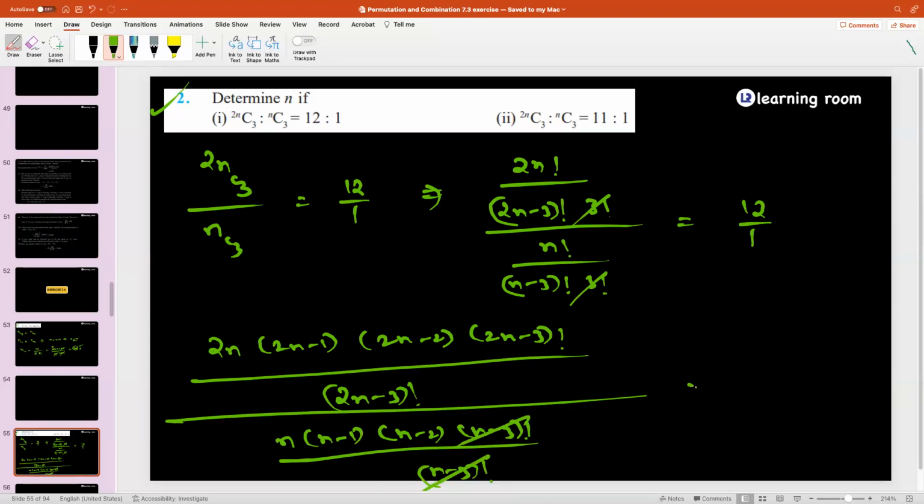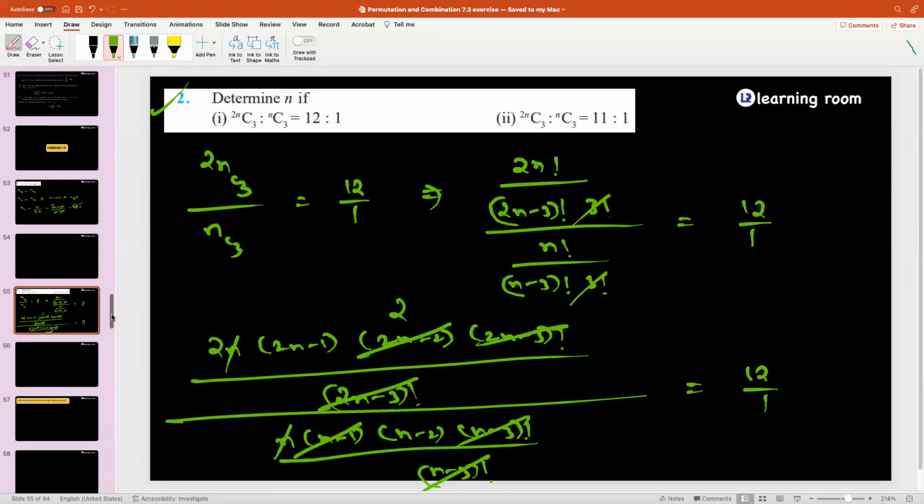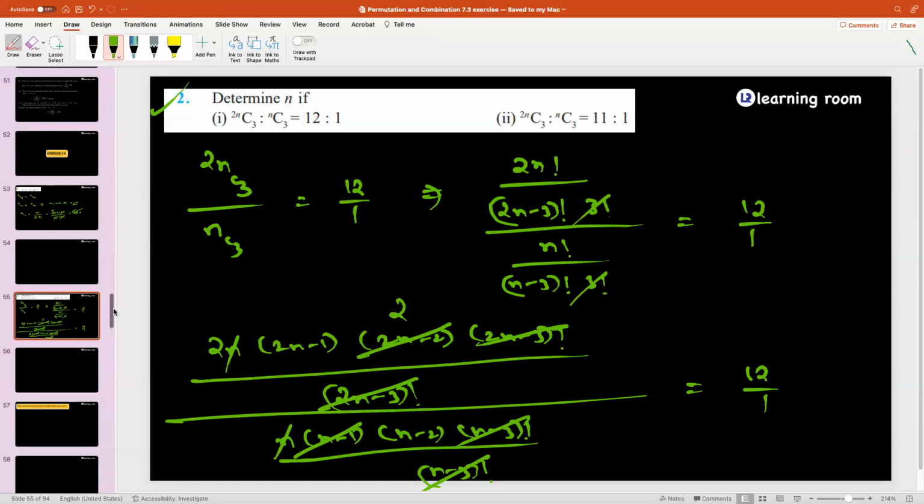N minus 3 factorial is gone, right? 2n minus 3 factorial and 2n minus 3 factorial is gone. N and n will get cancelled. So n minus 1 will cancel 2n minus 2 two times, right? 2 times. So 2 into 2 is 4, into 12 is 3.